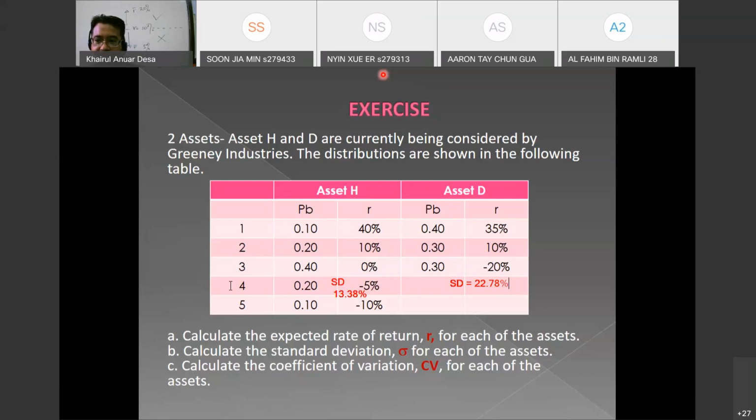Berapa covariant untuk H dan aset D? Itu untuk yang mana satu? Covariant yang mana satu?